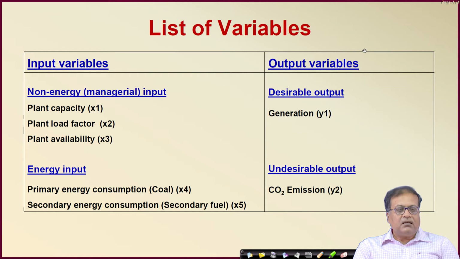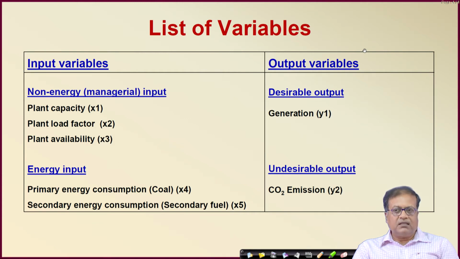So, it is like W1 into Y1 plus W2 into Y2 divided by U1 into X1 plus U2 into X2, U3 into X3, U4 into X4 and U5 into X5. So, that is output by input. Now, what are these U's and W's? They are the weights given to the specific inputs and outputs. But what should be the values of U's and W's?